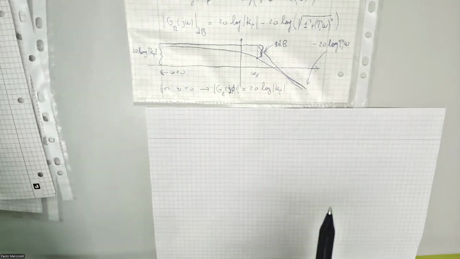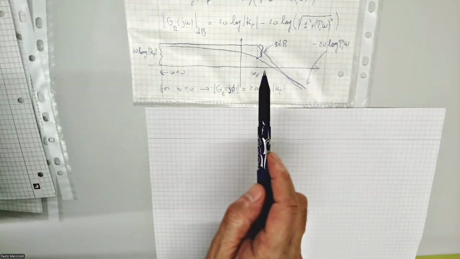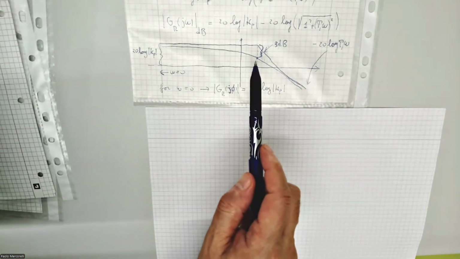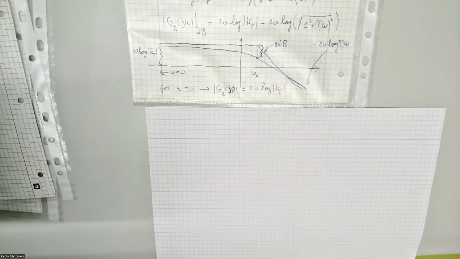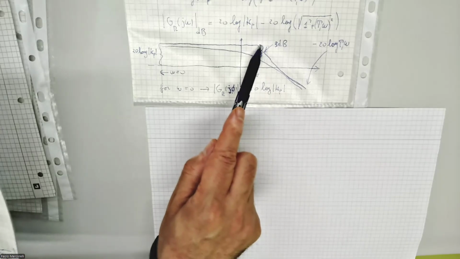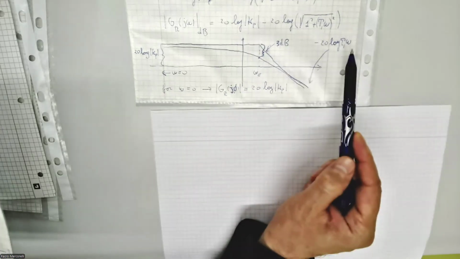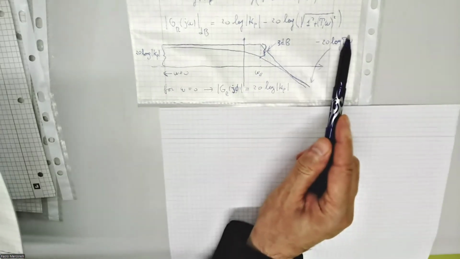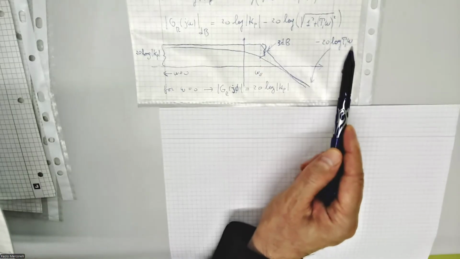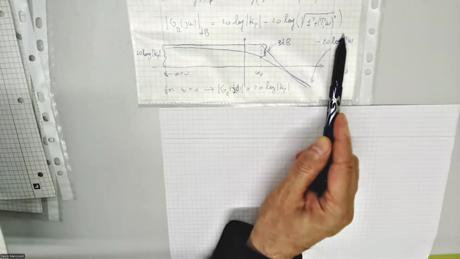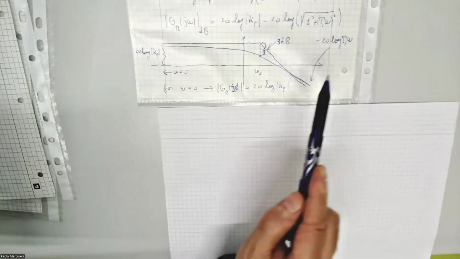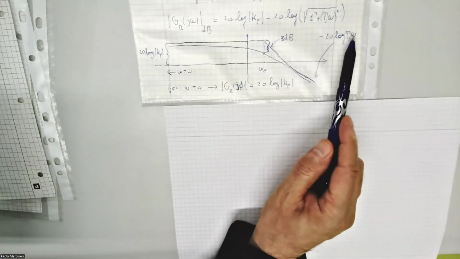No, I made a small mistake, because I have to consider that this line here is not equal to this one for omega very large, clear, as I told you before.